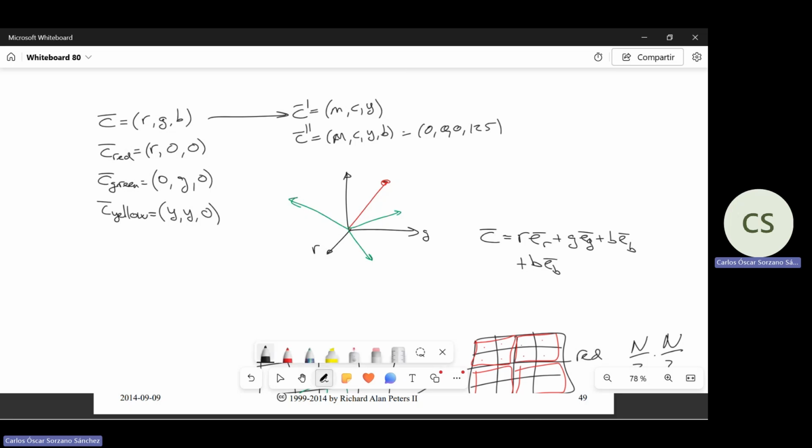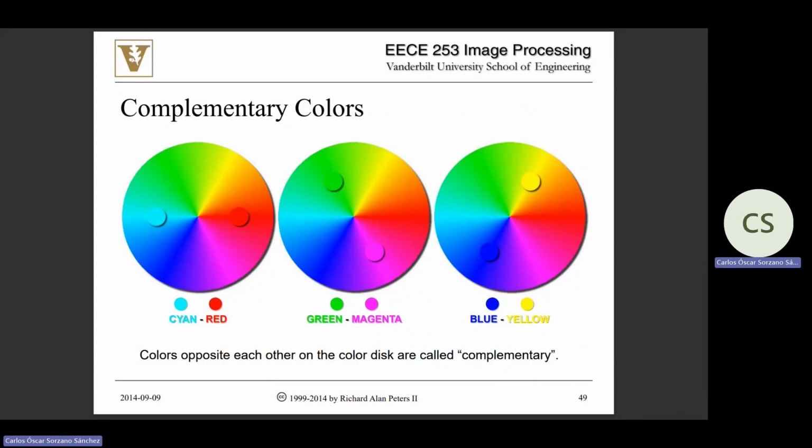I forgot to write blue. So either you get red, green, and blue, or you get magenta, cyan, and yellow. You will always get the same color, but the amount of intensity that you need to put in each one of the channels is different. It is kind of the opposite.